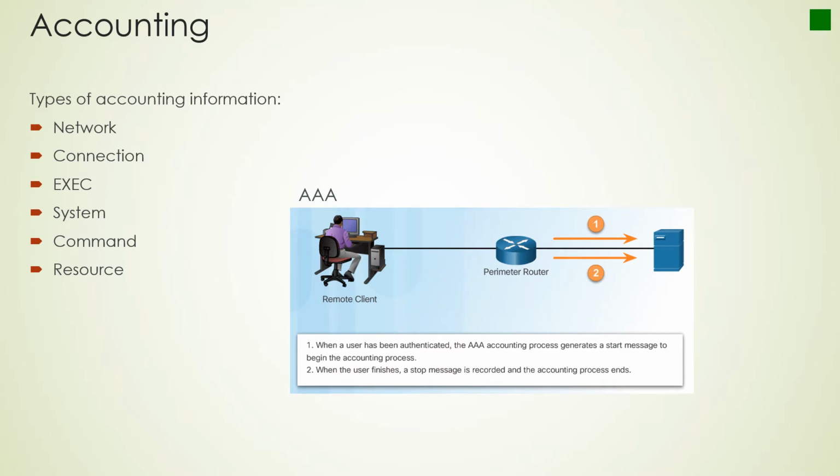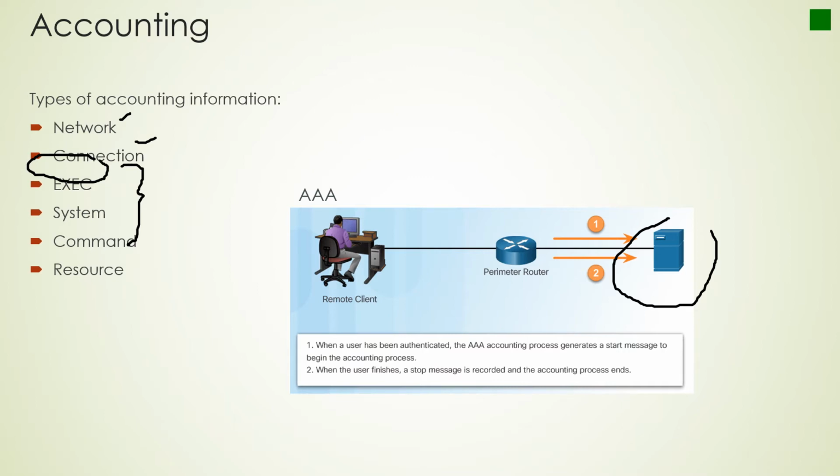And for the accounting, all actions done by the remote client to the perimeter router are to be logged in the AAA server. So accounting information may include network information, or information about the connection, about the configurations. Example, let's say the remote client has changed the date in the exec mode. It will be logged in the AAA server.